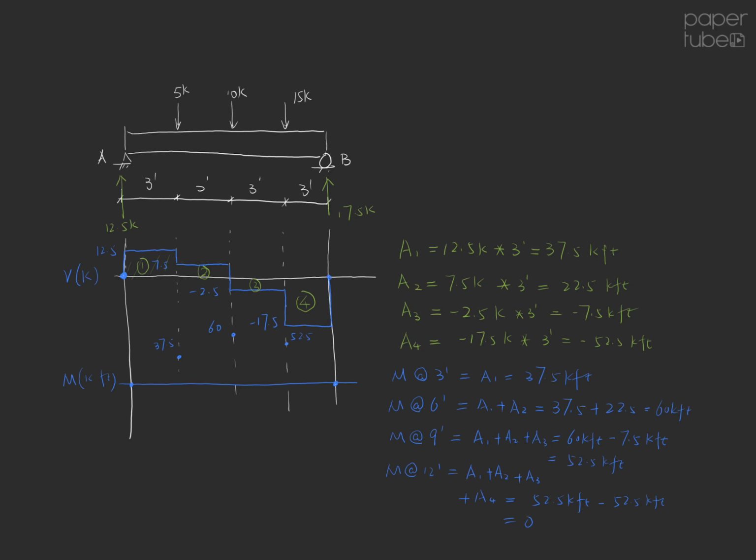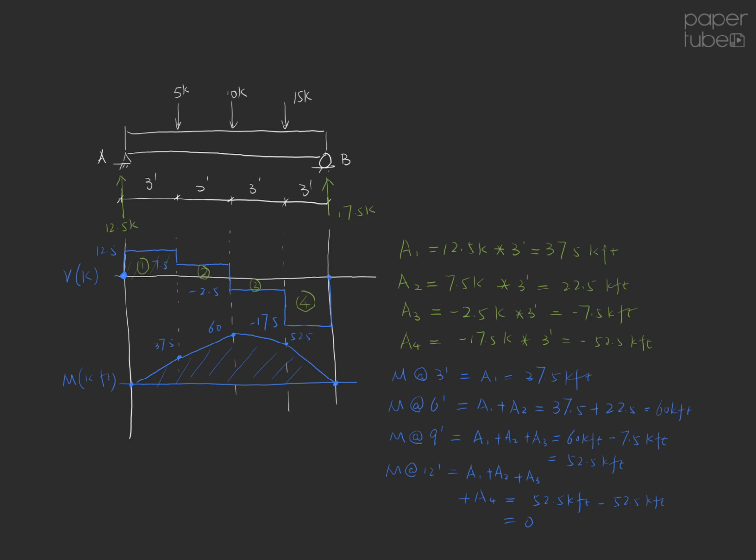Make sense? All right. So now we know that connecting those dots has to be a straight line. Let's connect those dots with a straight line, straight line, straight line, and straight line.